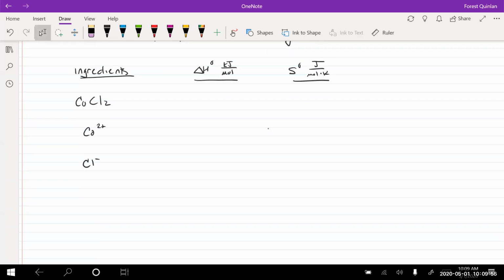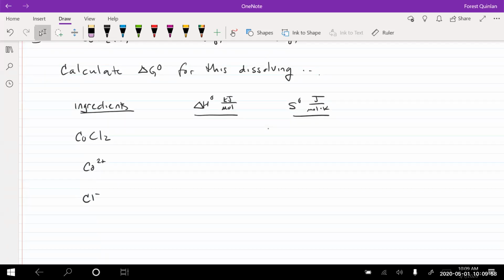As I go to the book, we need this stuff, so we're going to look it up. The delta H naught for cobalt 2 chloride is negative 325.5, and its entropy, sitting right there at 25, is 106.3.